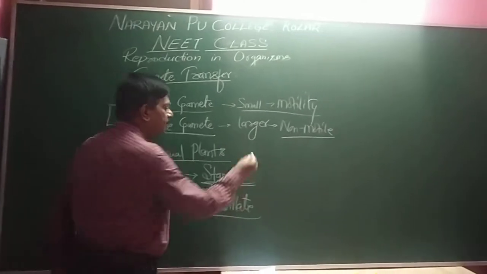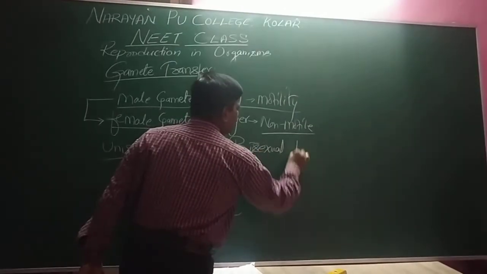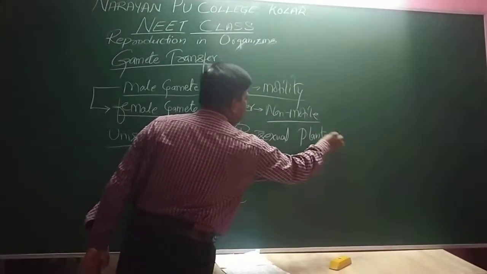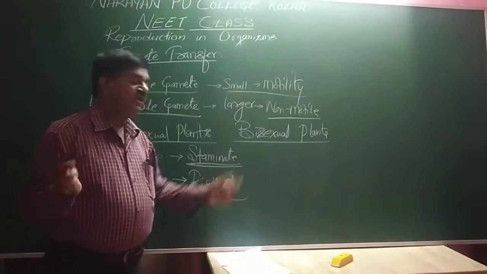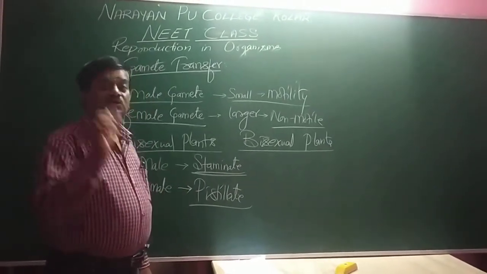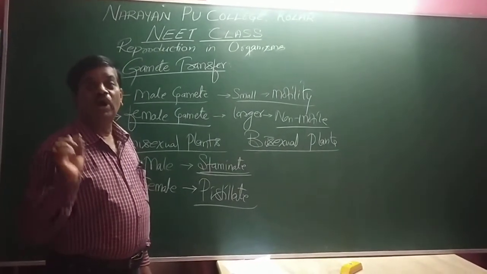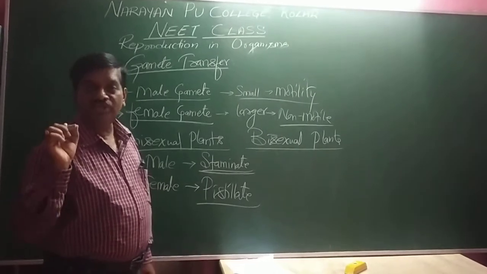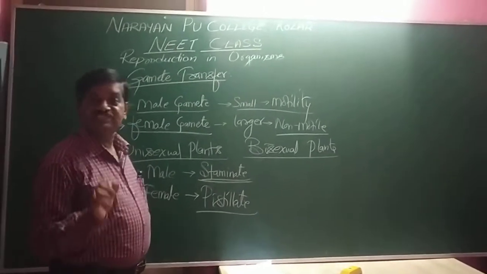Now some of the bisexual plants. One single plant may have unisexual flowers, or in the same flower both sexes may be present. One flower has both the sexes, male androecium as well as female gynoecium.